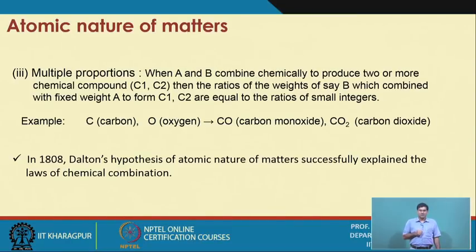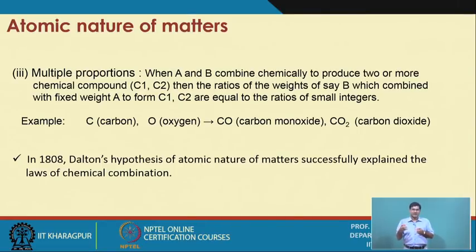For example, if you take carbon, say it is A, and oxygen, it is B. When they combine, the product can be carbon monoxide CO or carbon dioxide CO2. So, the fixed one is A, basically, combined with B to form the two products.